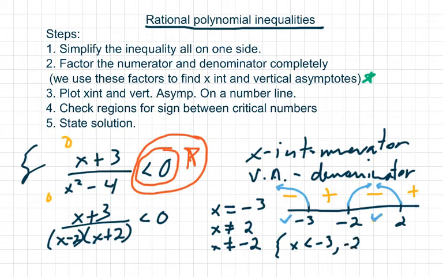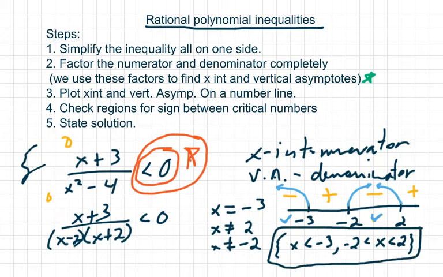Negative 2 is less than x, which is less than 2. Fancy bracket. And there is my solution for this rational polynomial inequality. Okay? So we're going to do a couple examples like this, and hopefully they just become one after the other.